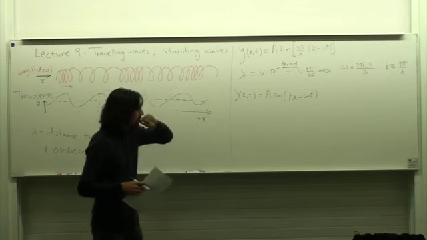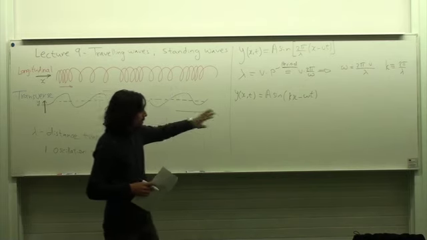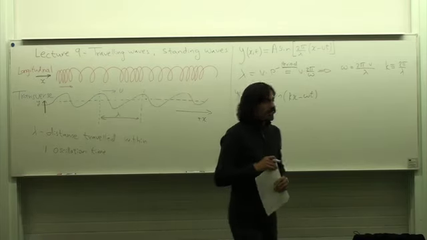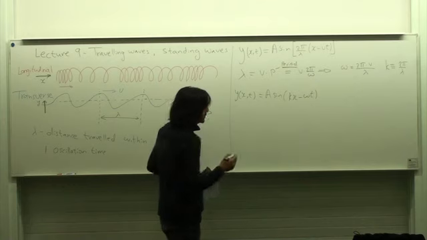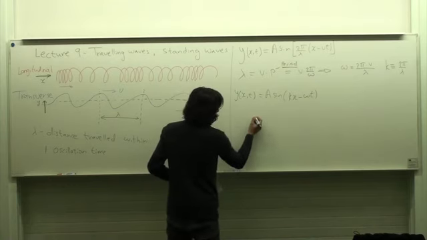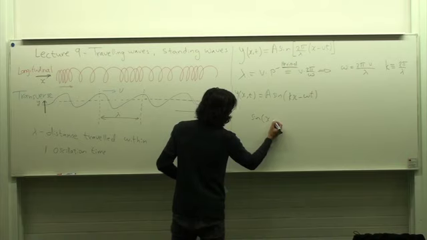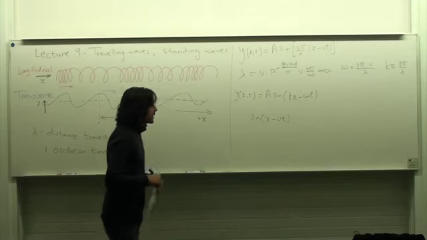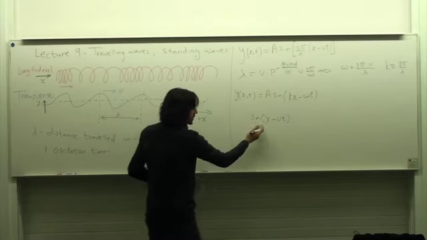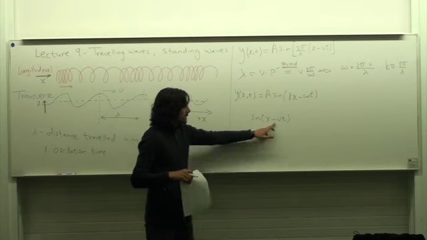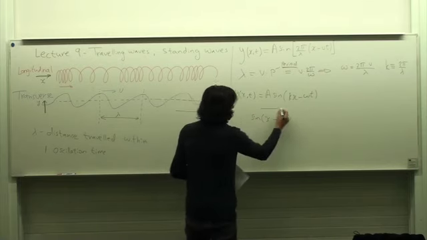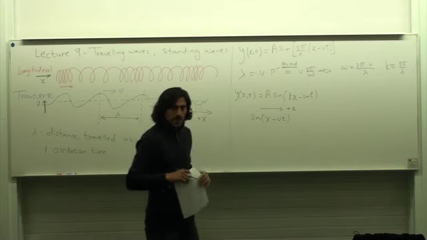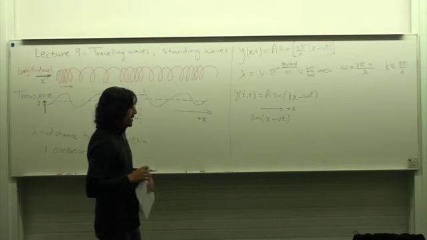So this is a traveling wave, and just to emphasize the point that I mentioned last time, if you have a wave which is traveling like sine of (x minus vt), you can think of k out there, but it doesn't matter for what I want to show you. If there's a minus sign here, and this is the plus x direction, then this wave is traveling in that direction. I want to make sure that you understand that.